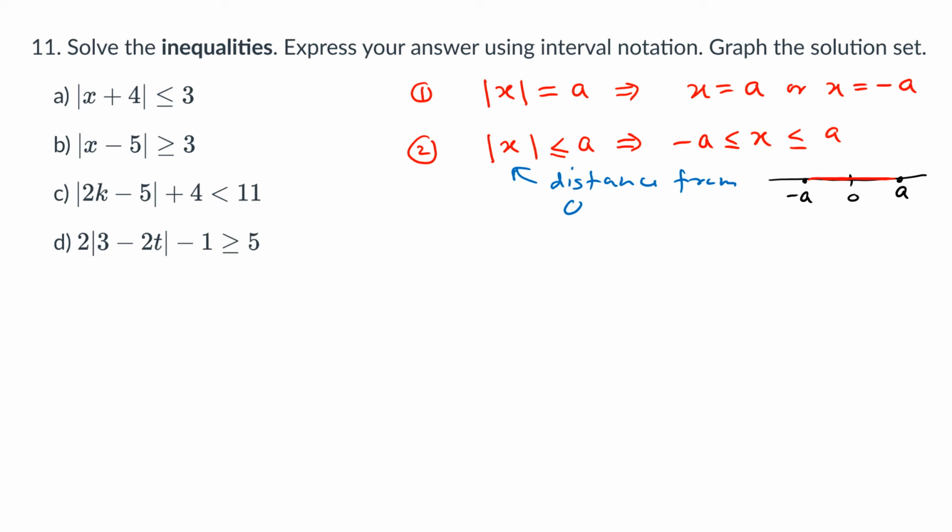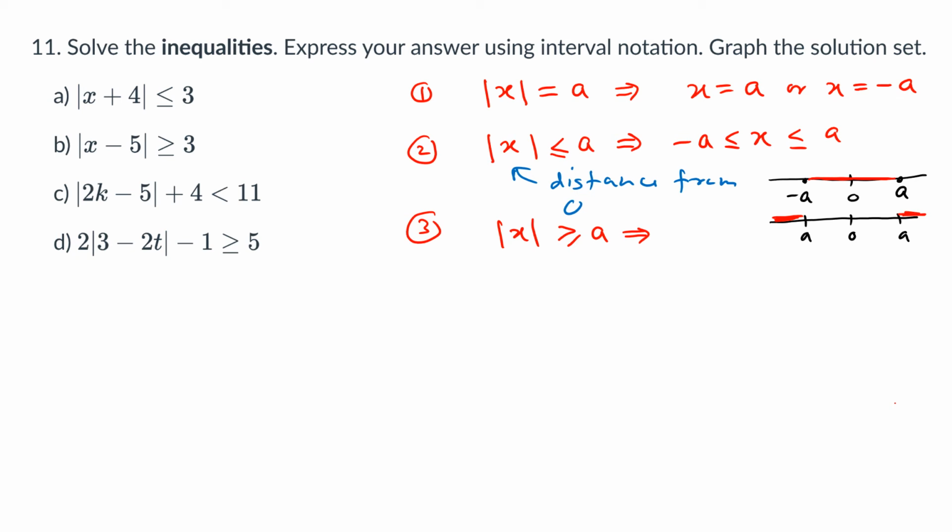The third case is the other way. It is absolute x greater than or equal to a. If that is the case, it means it's outside of this, because that's the inside. So outside means either x has to be smaller or larger. Let's graph it. These are the a and negative a as before. It says the distance from the origin is bigger, so it either has to be on this side or on that side.